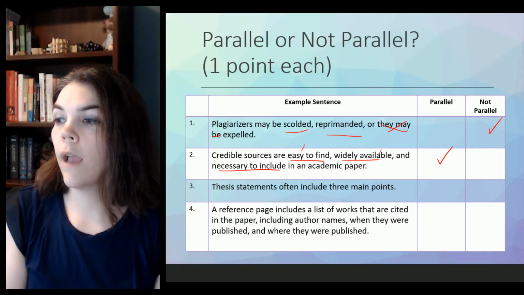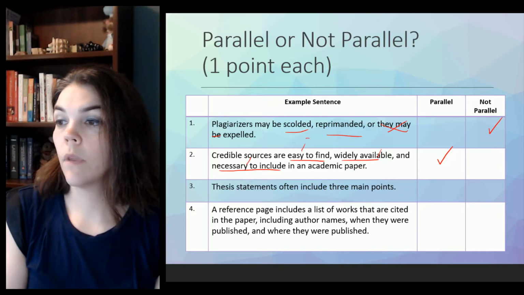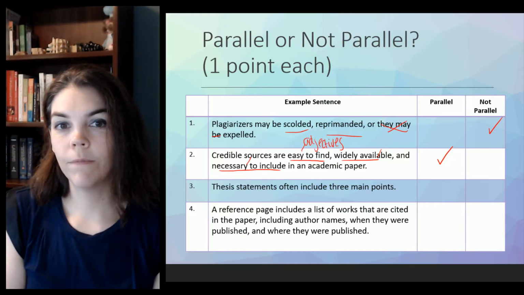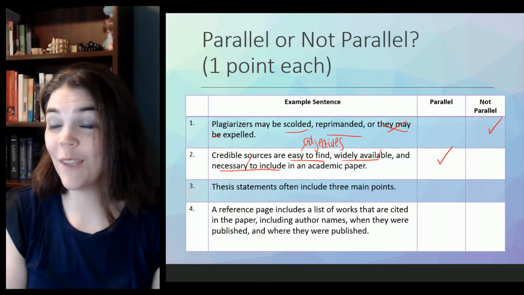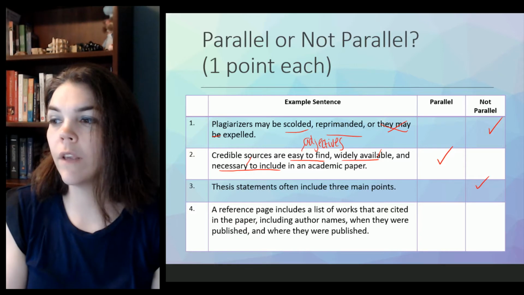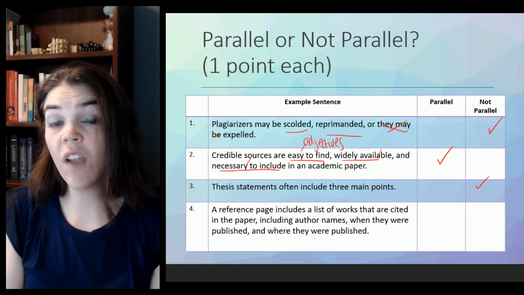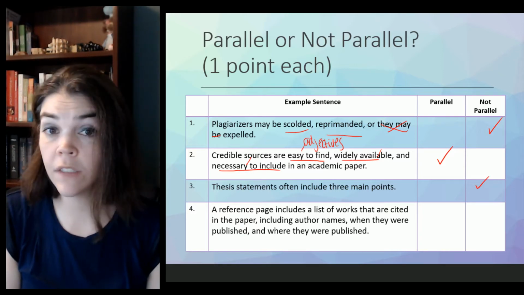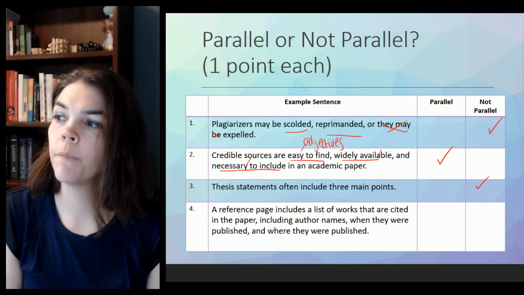These are actually adjectives. These are all adjectives. How about this one? I hope you can see it's a trick. There's no parallel structure here. There's no list. No list. It's not incorrect. It's a correct sentence, but there's just no parallel structure.